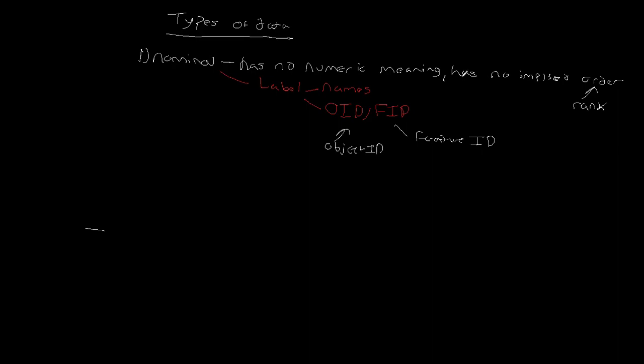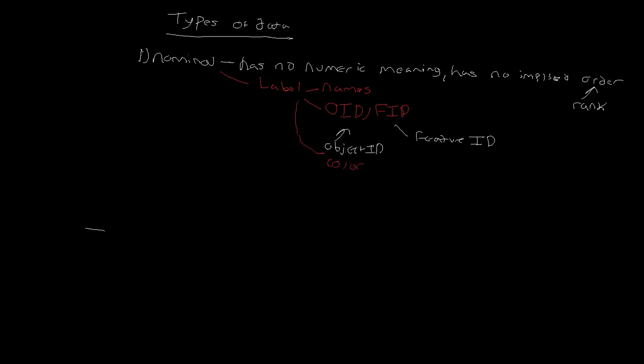So nominal, again, has no numeric meaning and has no implied order. And in this case, by order, I mean rank. So one is not better than the other. And examples are names, ID numbers, colors would be another example, right? Red, green, blue, right? These are descriptive information, but you can't say that red is better than green, etc. So another example here would be color.